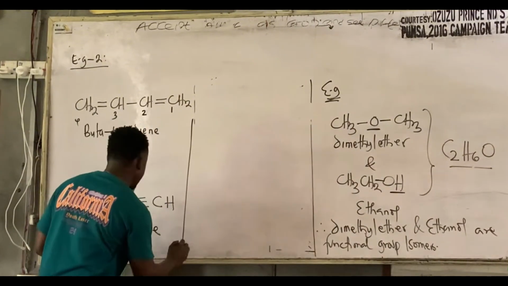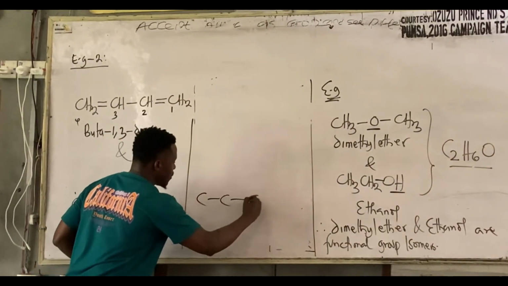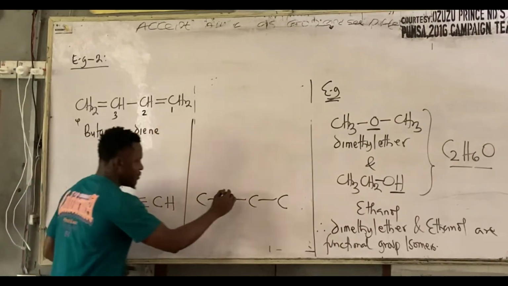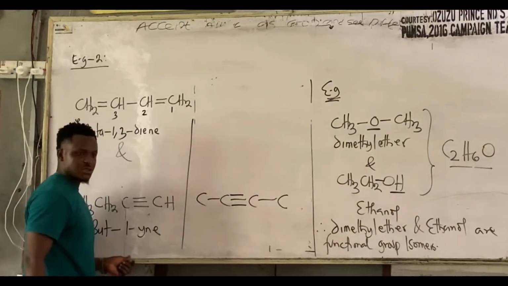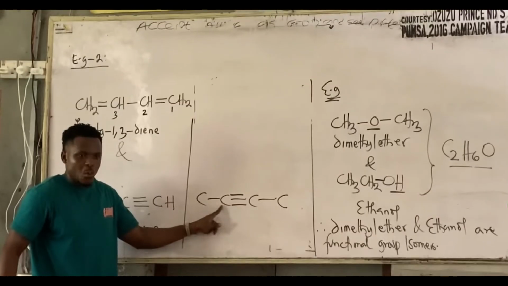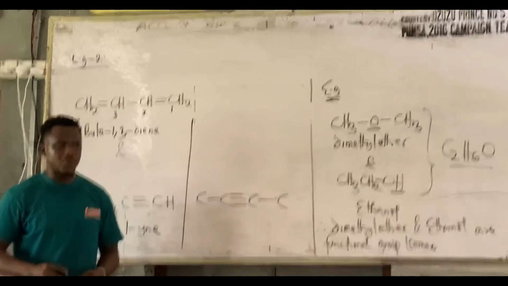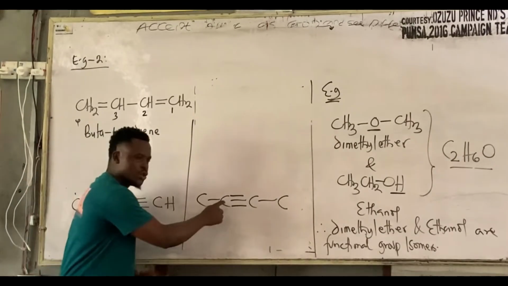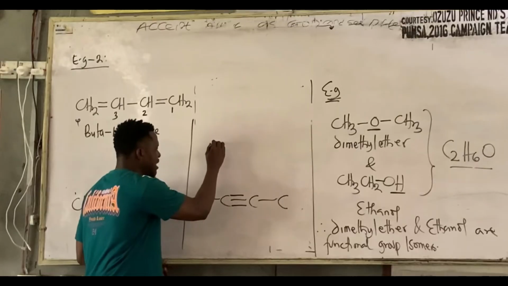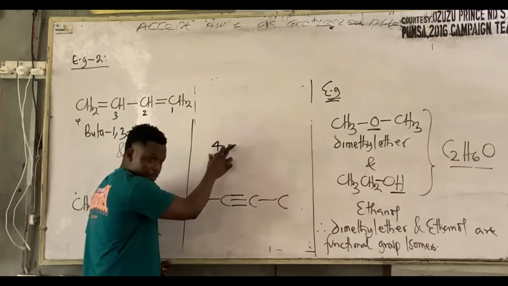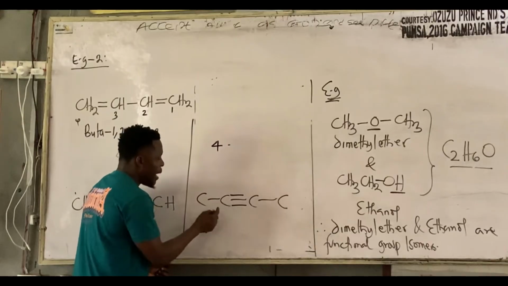What if I turn here and I say 1, 2, 3, 4? I put the triple bond at position 2. I will not have hydrogen here. Why? Because carbon is supposed to have a maximum of four bonds. To know the number of hydrogens on a particular carbon, subtract the number of bonds from 4.